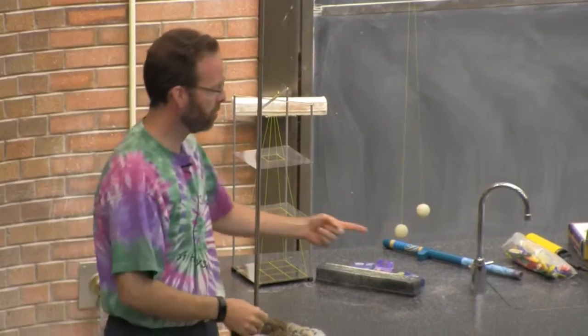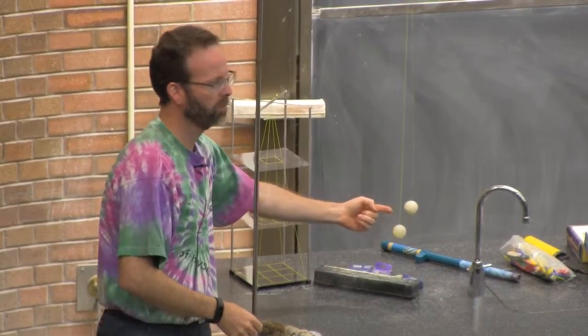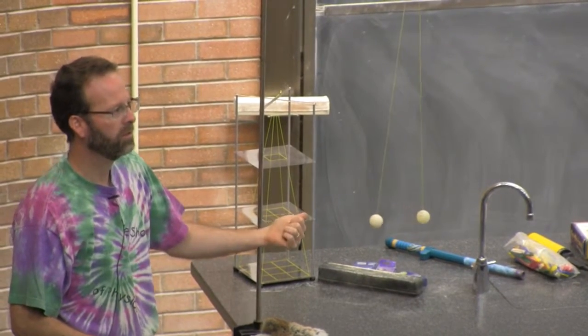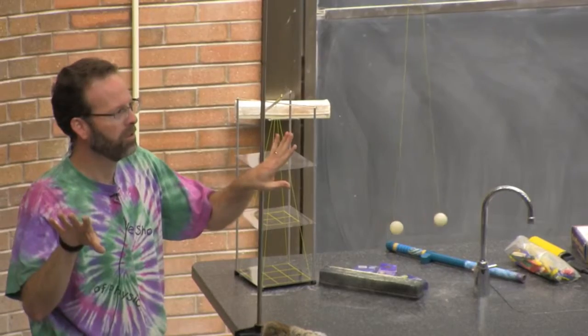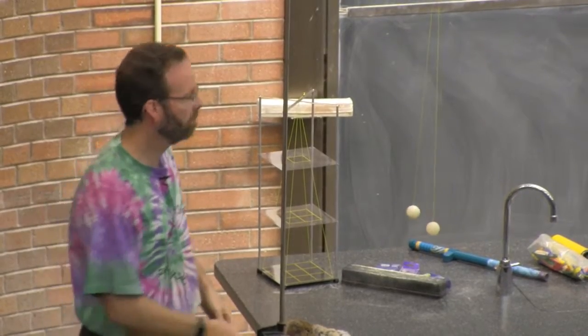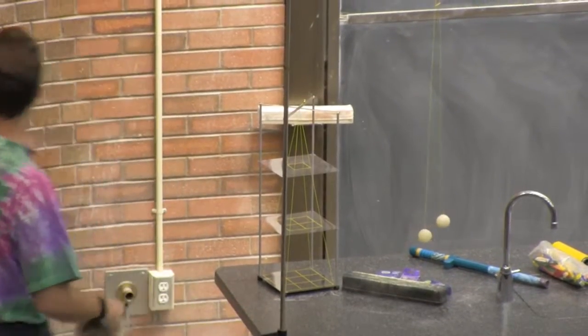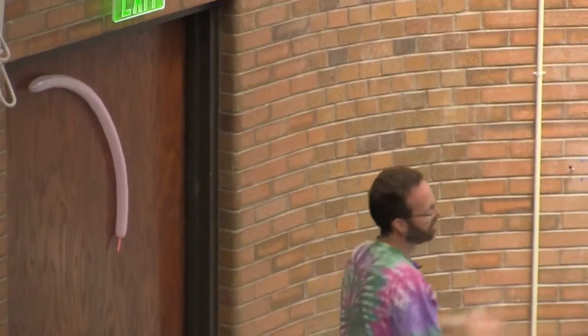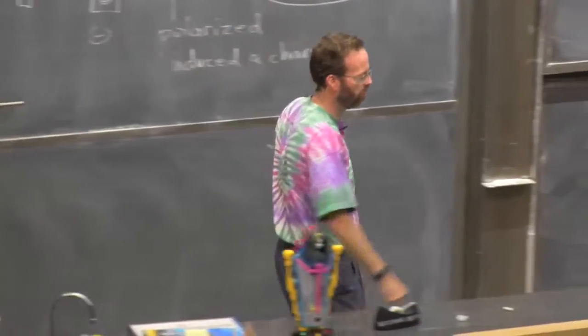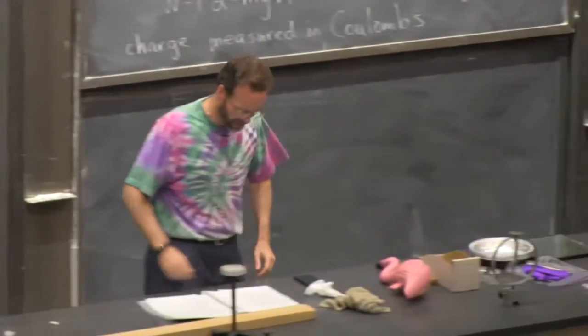We'd say this one has Q and this one has Q. Put that into Coulomb's law, and the force pushing them apart is overcoming their weight, trying to bring them back together. So you can watch for less long than this, again, because it'll bleed off, but let's see, we got 4 minutes. We'll watch. I think you'll see a little change within the 4 minutes, but probably not a huge amount.